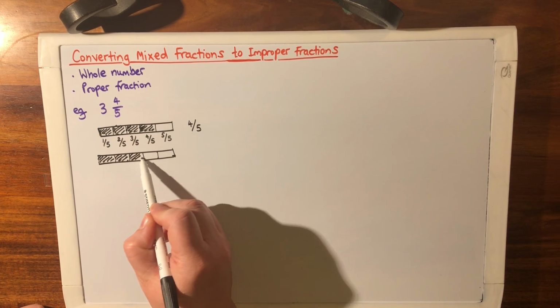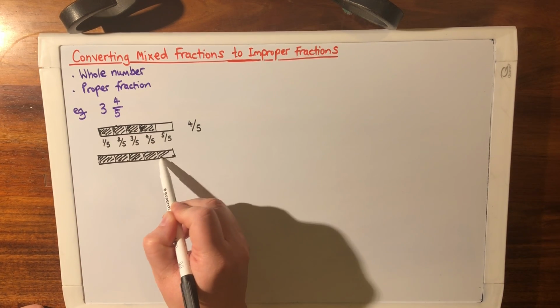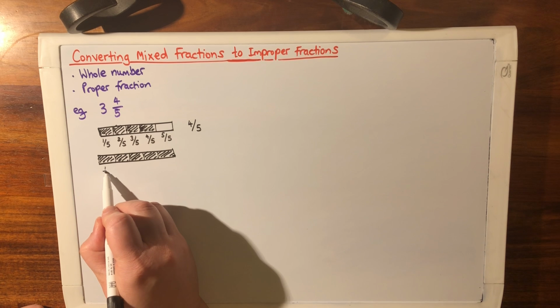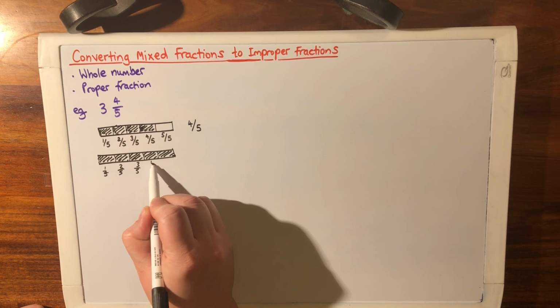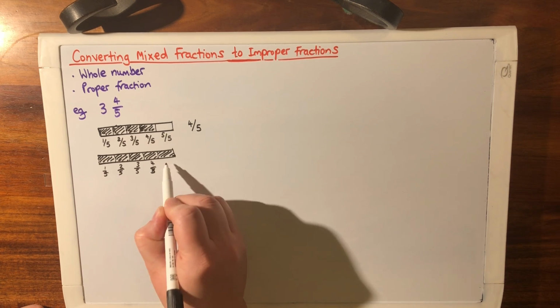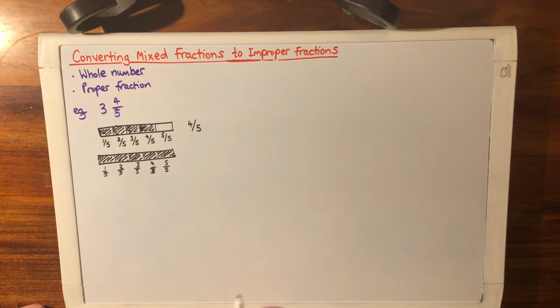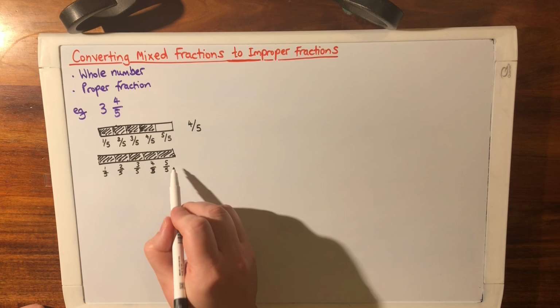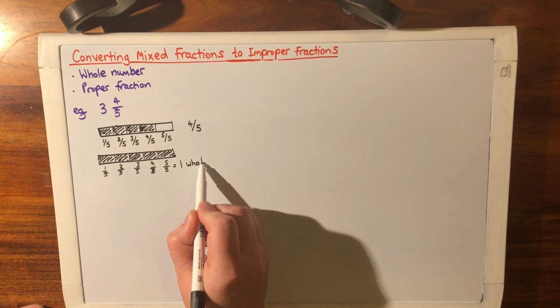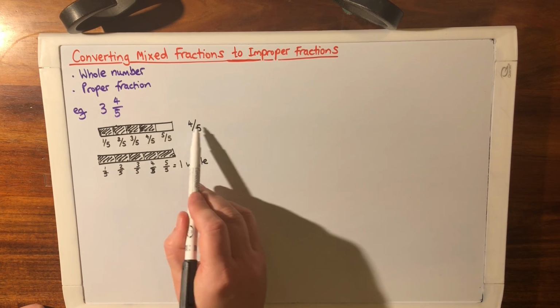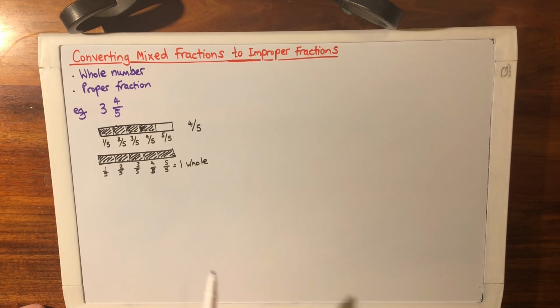That's one whole here. 1/5, 2/5, 3/5, 4/5, and 5/5. Remember, 5 over 5 is the same as one whole. So here we have one whole and 4/5, but still we need to draw 2 more of them.